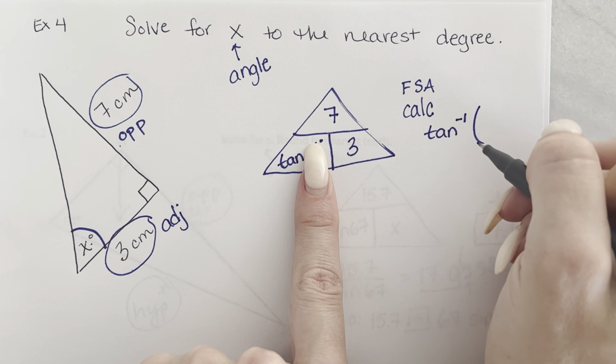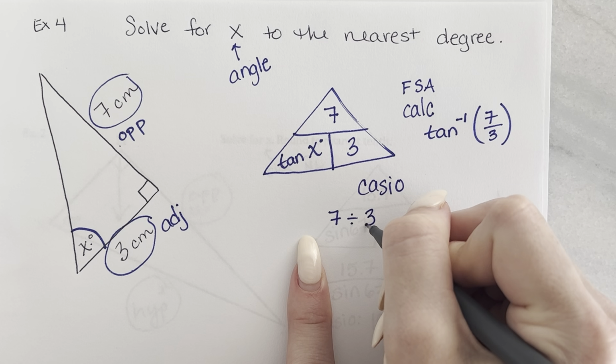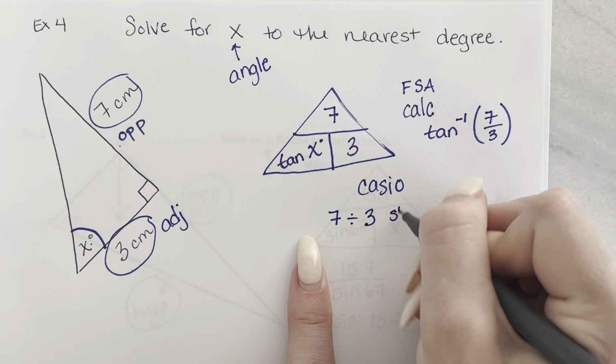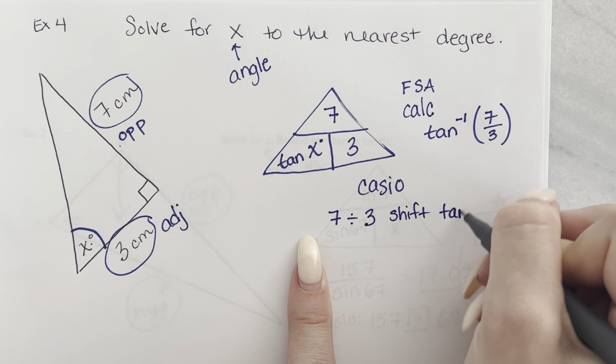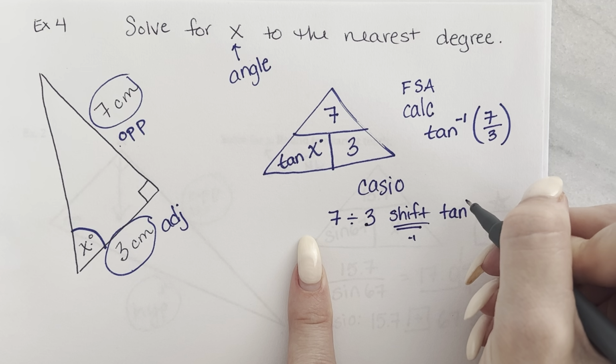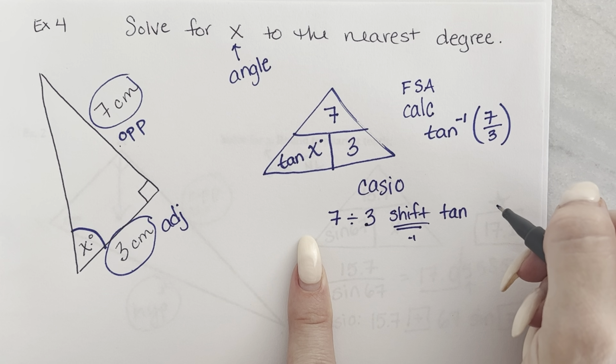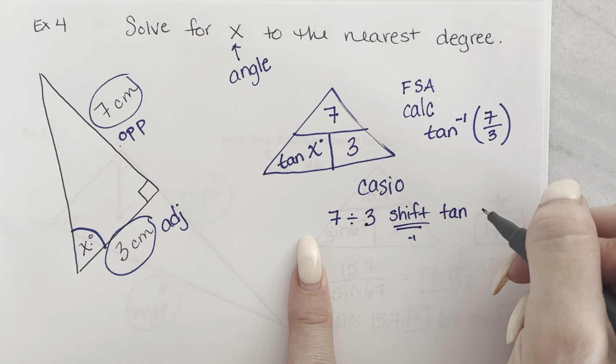If you were putting this into the Casio calculator, you're going to type 7 divided by 3, and then you're going to hit shift tan, because if you hit shift tan, that makes the little -1 happen. And then you won't actually have to hit equals at the end.